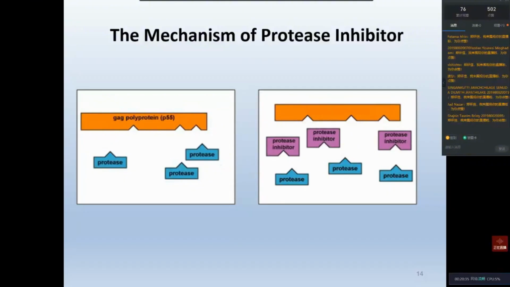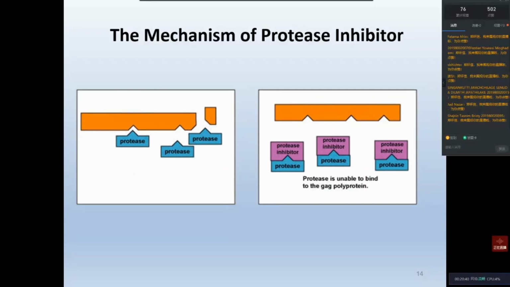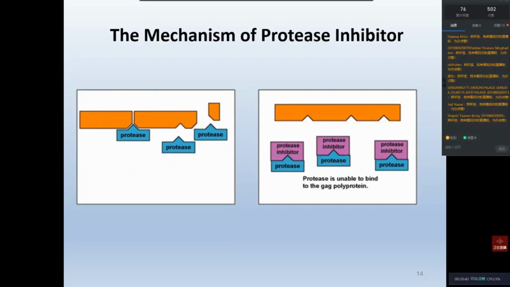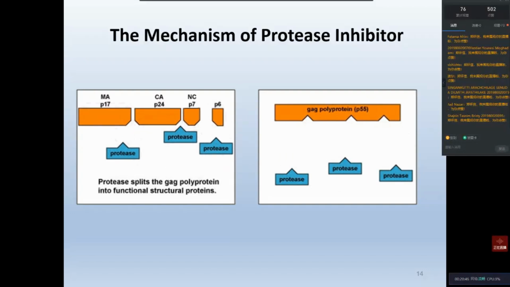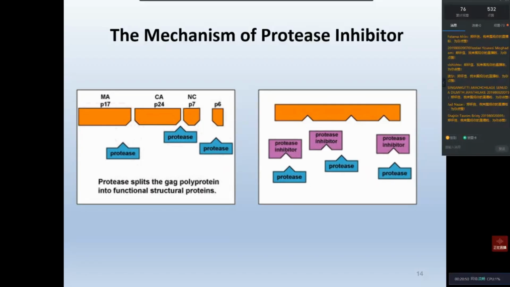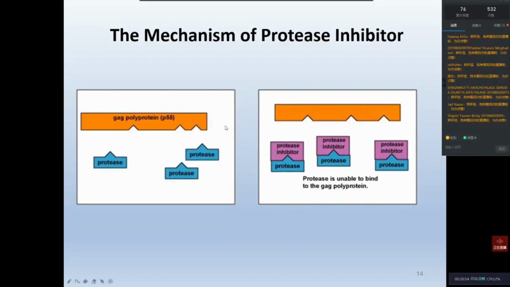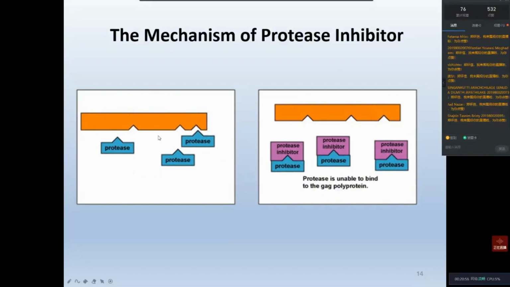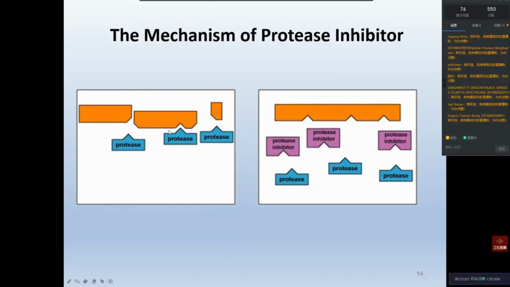And also interferons. We learned that there are different types of interferons, and type 1 interferon, including interferon alpha and beta, can carry out the antiviral activity. This picture shows us how the interferons interfere with the viral infection. It happens this way.